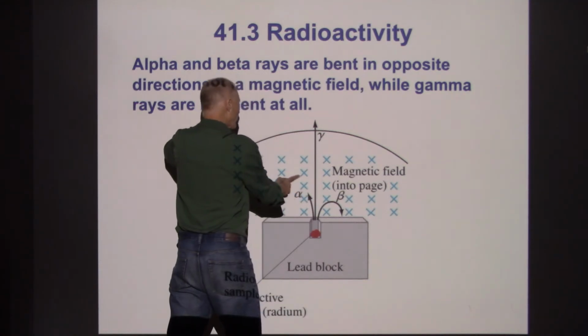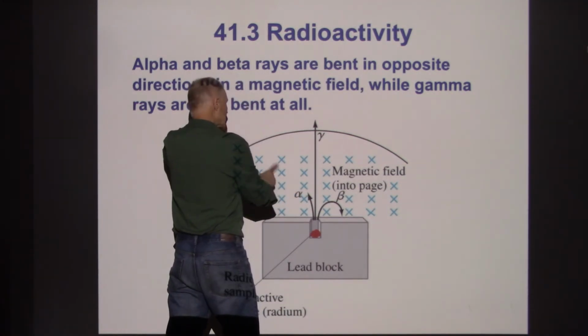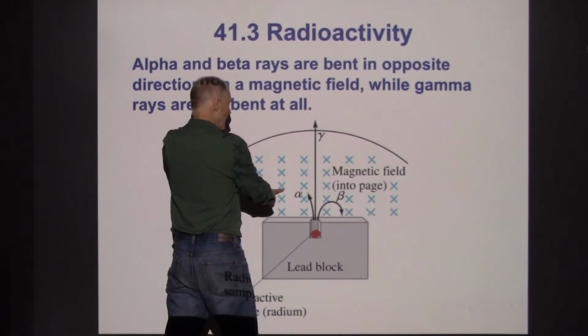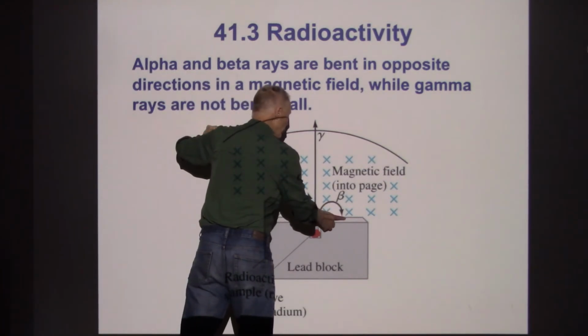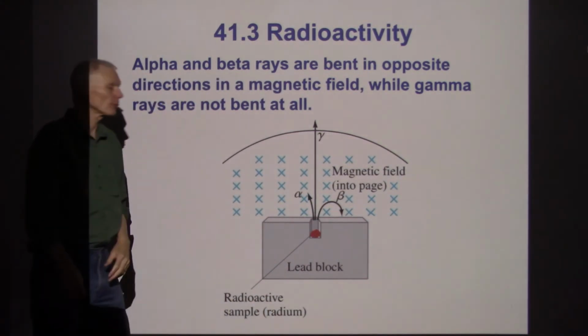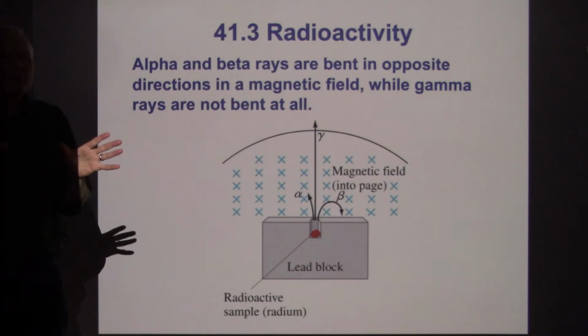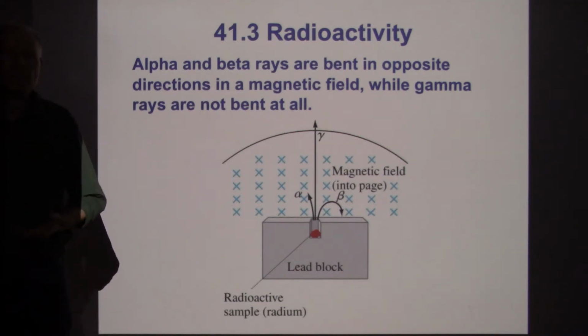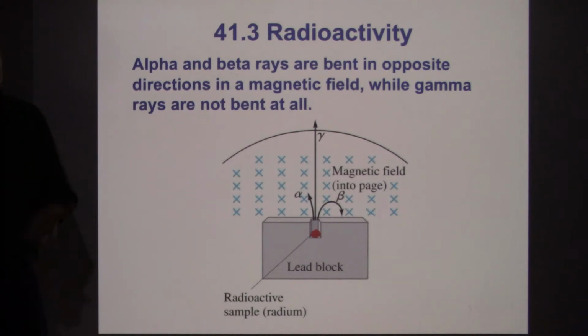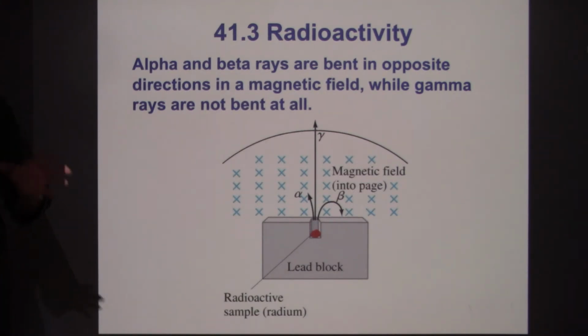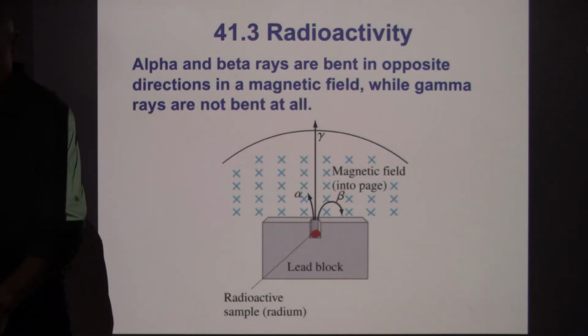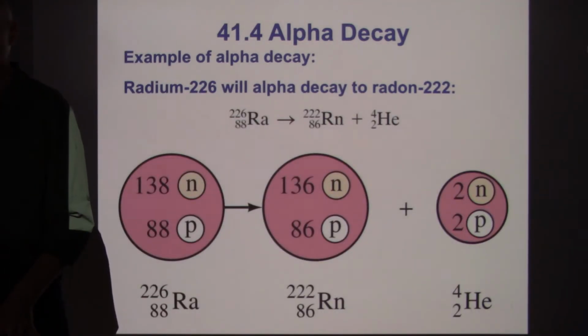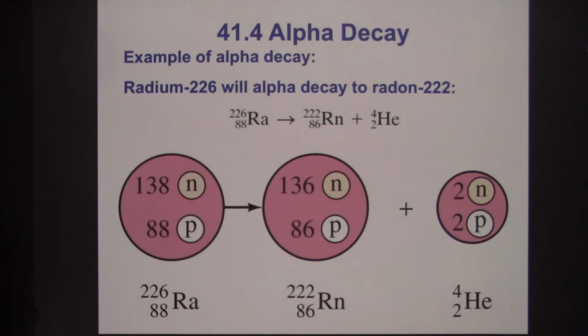Some would curve in one direction as being a positive particle, and others would curve in the opposite direction as being negative. So they realized that in some of the decays, it was a positively charged particle coming out, in some it was negatively charged, and in other decays it was neutral. And now we understand these forms of radioactive decay.